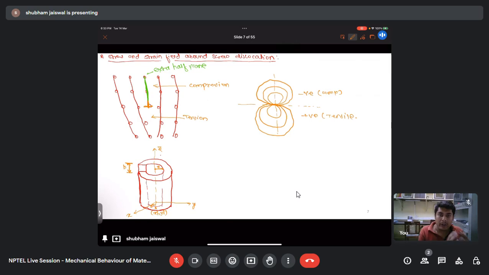Now if I unwrap this sheet, if there is no dislocation, how should it look? It should be a perfect rectangle.